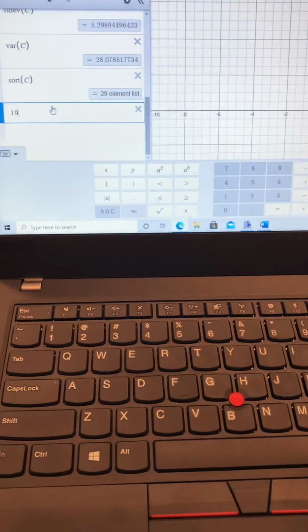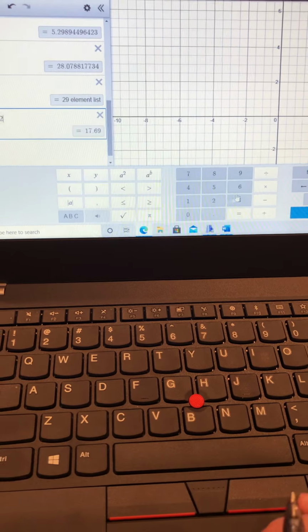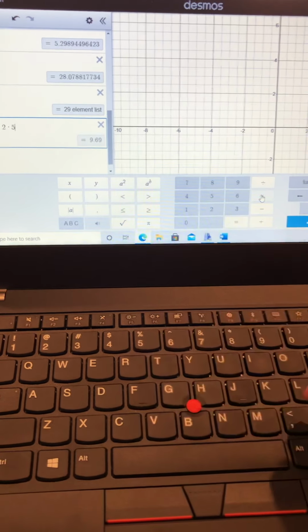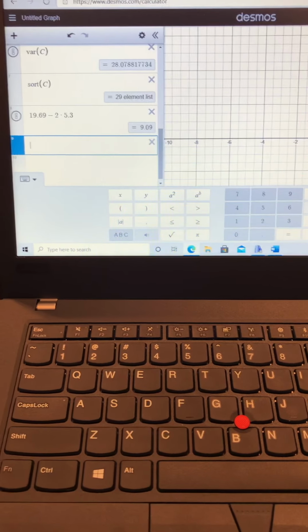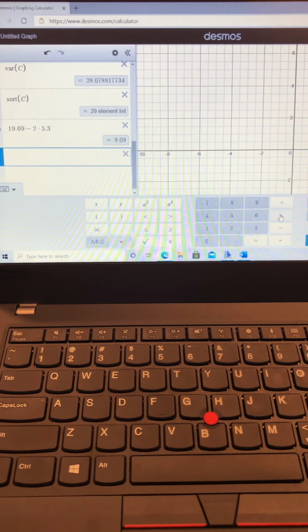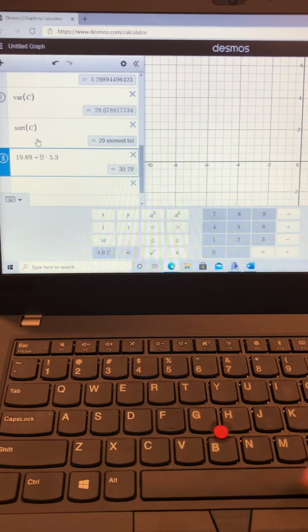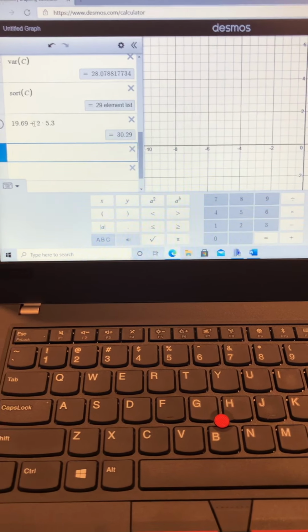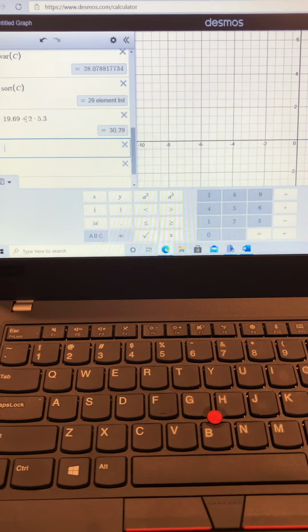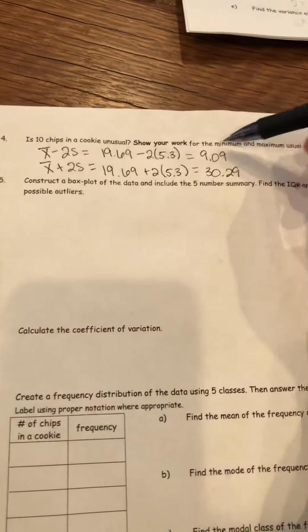So 19.69 minus 2 times 5.3, that gives me 9.09. So that gives me my minimum usual value. And my maximum usual value is, I do like Desmos that you can change to a plus, because you know on a calculator you can't change stuff very easily, so Desmos does allow you to change it. So 30.29 is my max. So that's my minimum usual and my maximum usual.